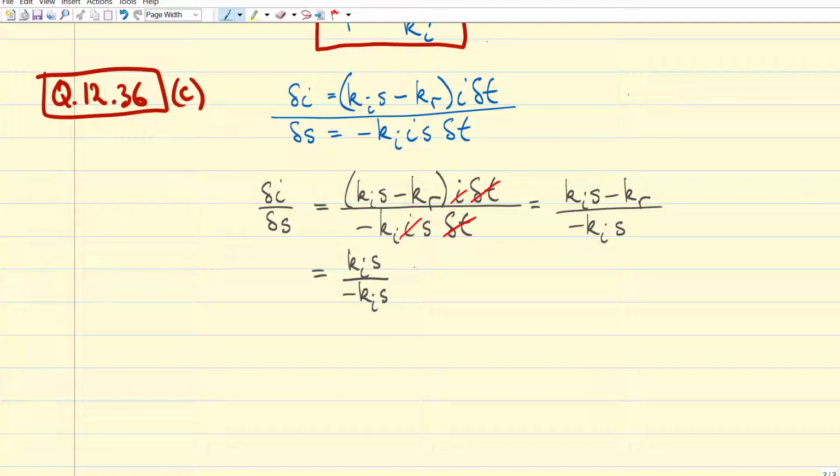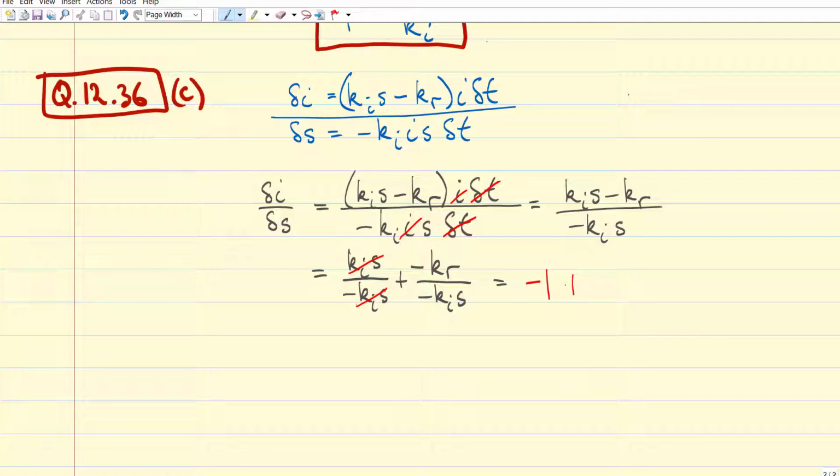And then we've got minus KR over minus KIS, which looks really ugly. Right, because that's actually a plus, the way I've written it. Okay, so this thing, everything cancels. You don't get 0, you actually end up with minus 1. And here we have minus KR over minus KI times S.